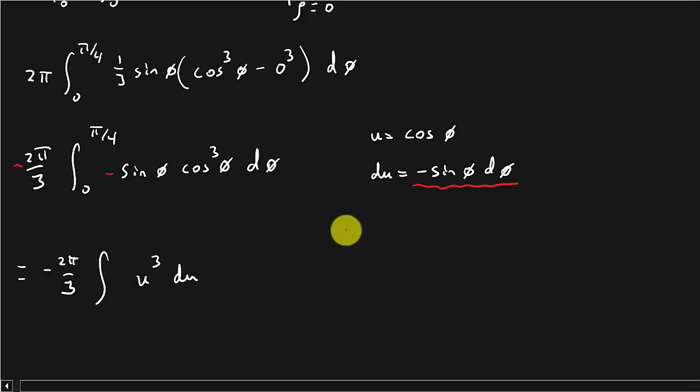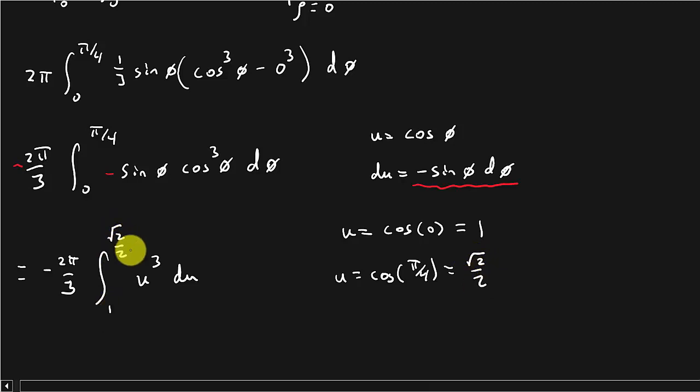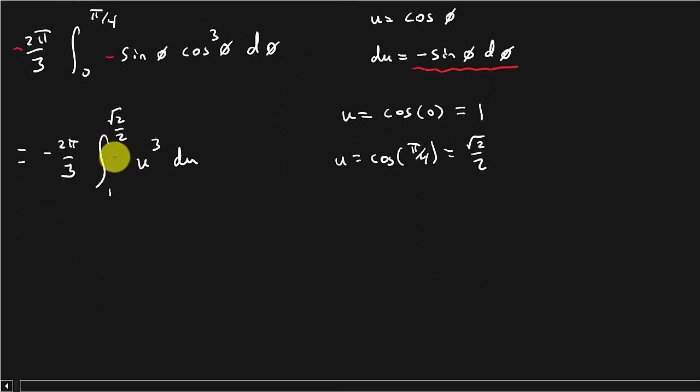But then we have u is equal to cosine of 0. I got to plug the 0 in for phi and the pi over 4 in for phi. So that's just going to be 1. And then u equals cosine of pi over 4, which is square root of 2 over 2. So this is 1 to square root of 2 over 2. Now, the larger bound is on bottom here, and the smaller one's on top.